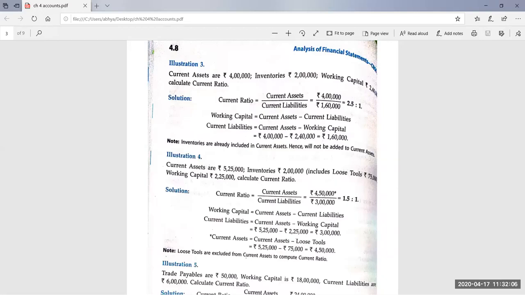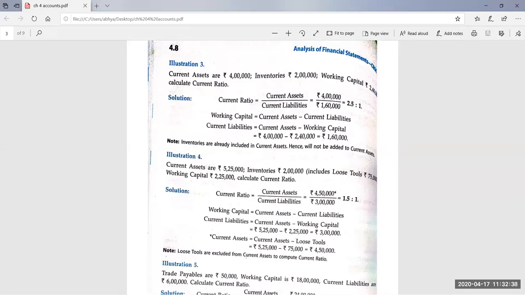Yes, Harshdeep is writing inventories minus. You need not minus the inventories because that is part of current assets. But try to understand that in inventories, loose tools are there. I'm telling you the logic here for why we are deducting loose tools. I told you earlier that loose tools means the tools which have a very low value, like hammer, plier, screwdriver, and these tools will be serving us for a longer period.